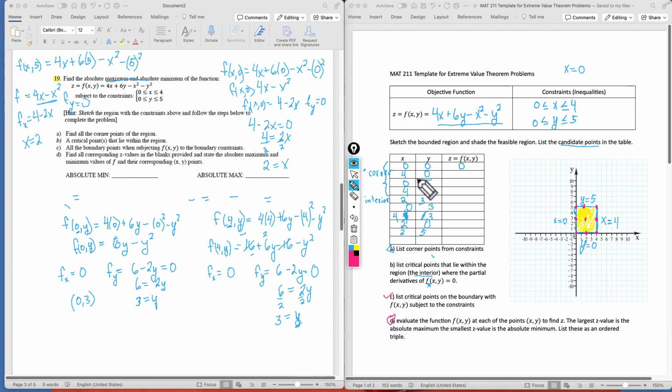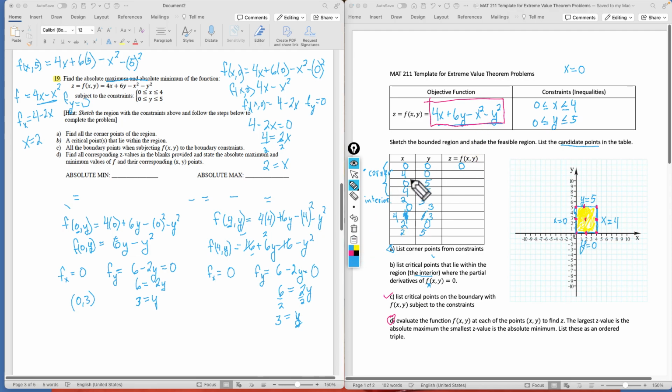Now, one of the biggest things is make sure you're using the right function. You use the original objective function. We don't use any of these other ones, these partials or whatever we've been doing. Those only give us the critical points. What we're wanting now is the z values.